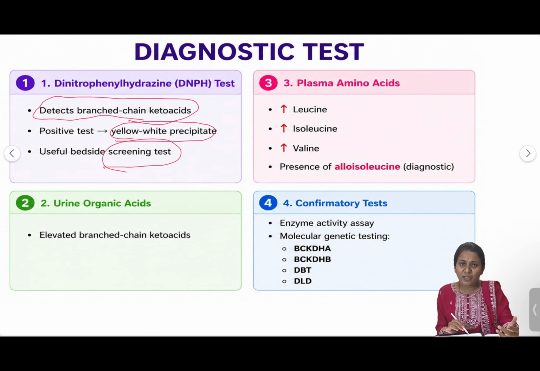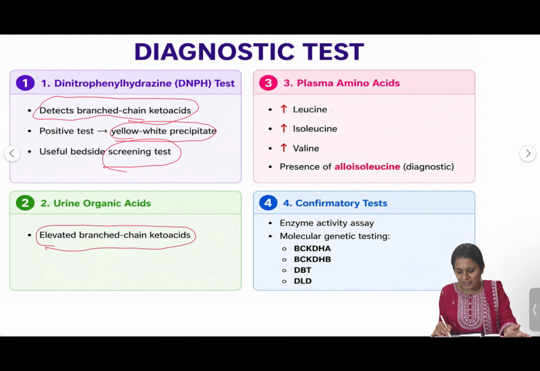Then urine organic acids, that is, elevated branched chain keto acids. Then you have to check plasma amino acid levels. You all know that there is an increase in the levels of leucine, isoleucine and valine.